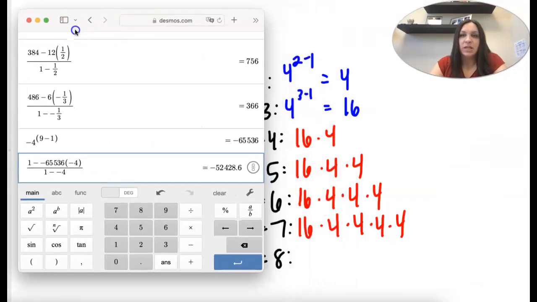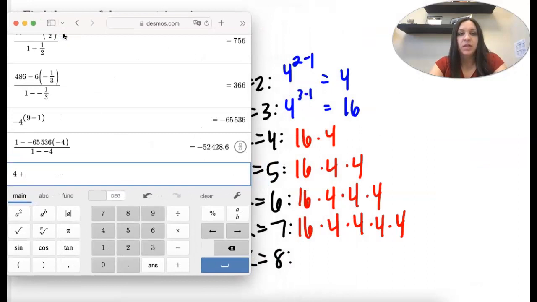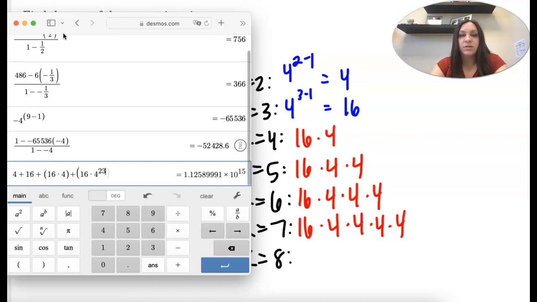Okay, so I'm going to take 4 plus 16 plus 16 times 4 plus 16 times 4 squared. See how I'm putting parentheses around these? That's because I want to multiply first before I add. And then this would be 4 to the 4th. And I didn't write the last one, but we also need 4 to the 5th.